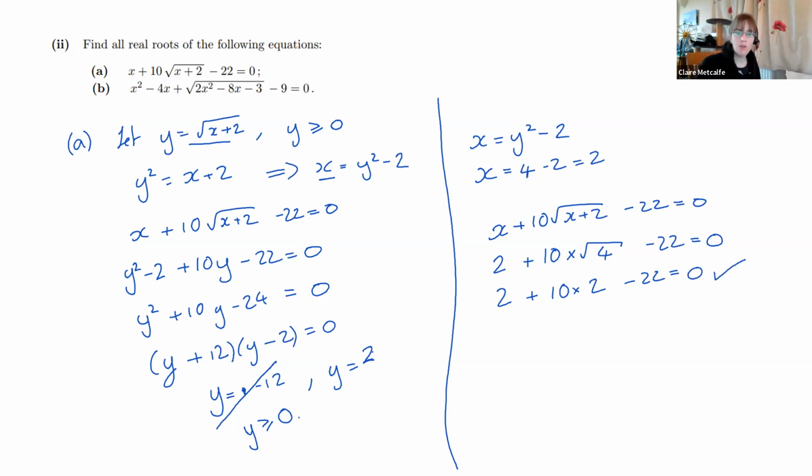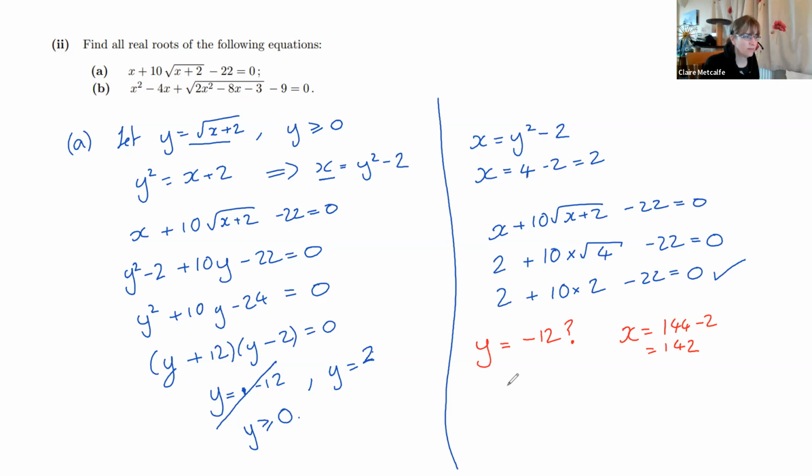Let's just have a look at what happens if we took this erroneous solution. I'm going to do this in red to show that this is not correct. So if we take that erroneous solution, this then gives me that x is equal to 144 minus 2, which is 142.